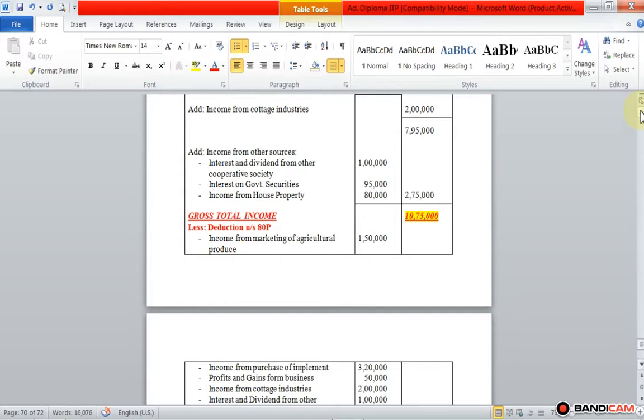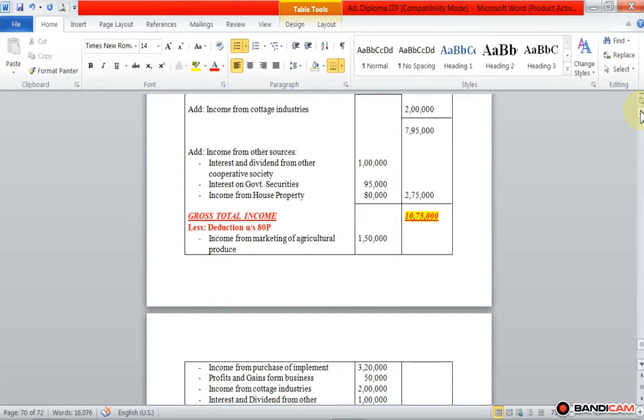Forum 100% or whole of the amount is allowed for deduction from gross total income if the cooperative society is carrying on the business of banking and providing a credit facility. Second, whole of the income is allowed for deduction if the income is derived from cottage industry. Third, whole of the income is allowed for deduction if the income is earned from marketing of agricultural produce to its members.